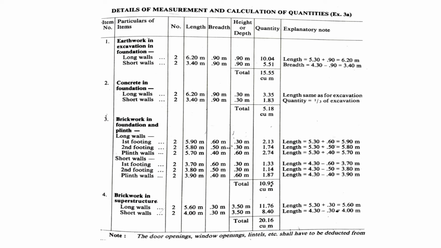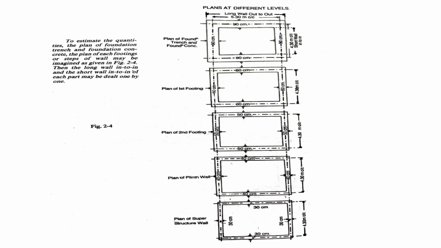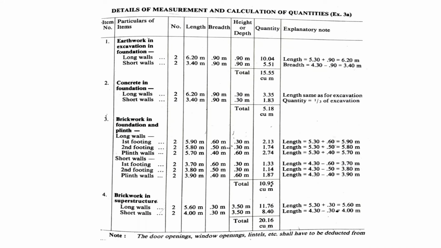Second one, concrete in foundation. Here, length is the same as for excavation, and the quantity is 1/3 of excavation. That means from this diagram, 30 centimeter, next step 30 centimeter, second footing 30 centimeter. So for PCC work 1/3, that means 30 centimeter.